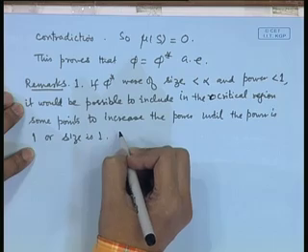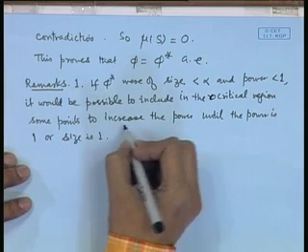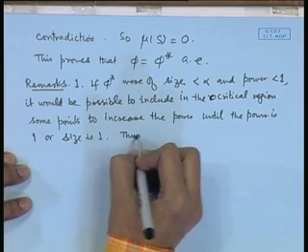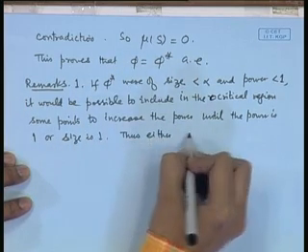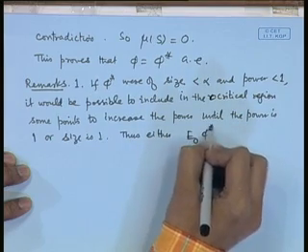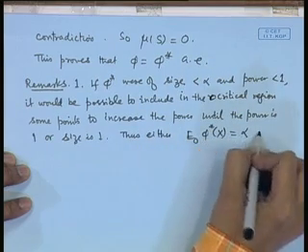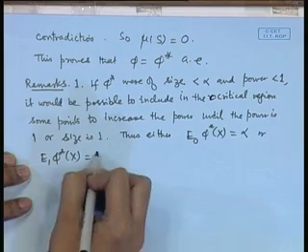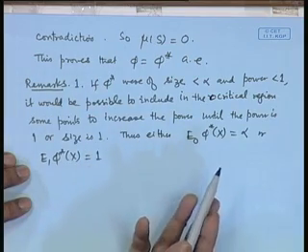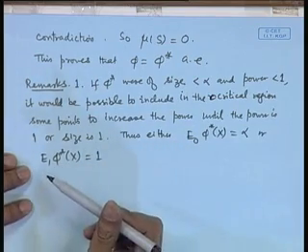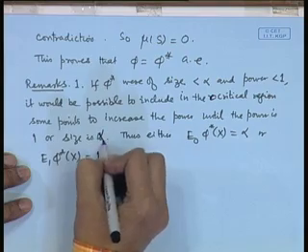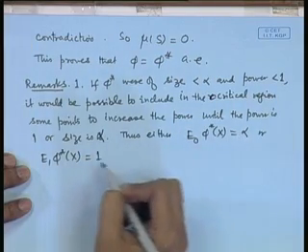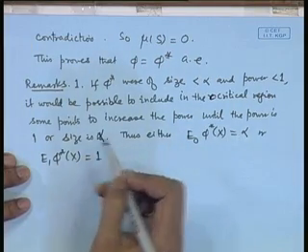Either of the things will happen. Thus, either you will have expectation of phi star x is equal to alpha or expectation of 1 minus phi star x is equal to 1. That means either the size will become alpha or the power will become 1.